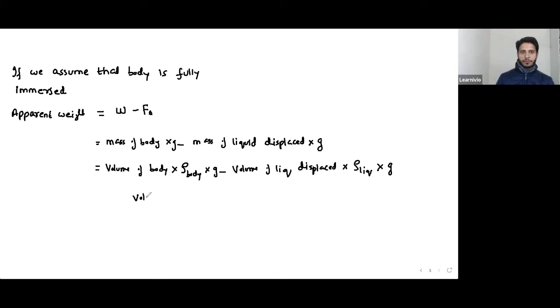You can write that volume of liquid displaced is equal to volume of body, because the body is fully immersed.